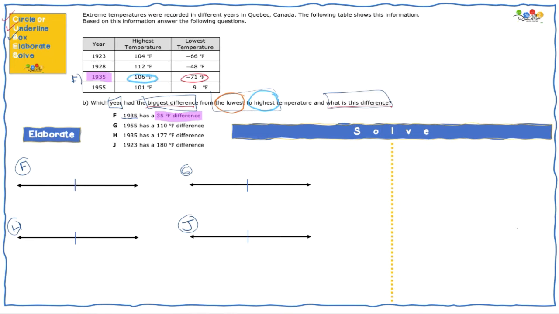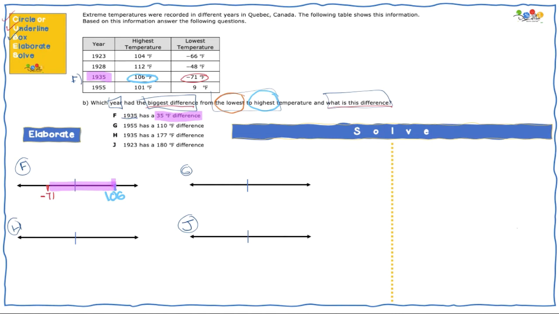So I'm going to put those numbers on my number line. It was -71 probably here. Remember, these are only estimations, it's not really the numbers. And then the other one is 106. That one gives me an idea, because I know it's from 0 towards the right because it's positive and it's more than 71, so the distance should be more. So the difference between those two should be all this distance in here, right?